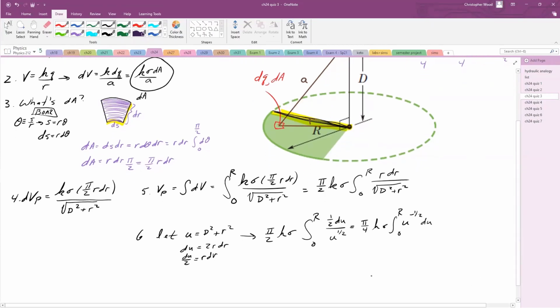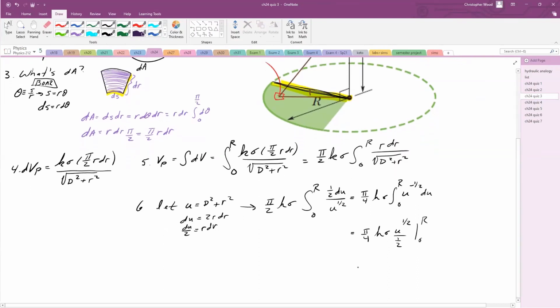Equals pi over 4 k sigma u to the 1/2 over 1/2, and then that's it. From 0 to r. Okay. Equals, this is fine.